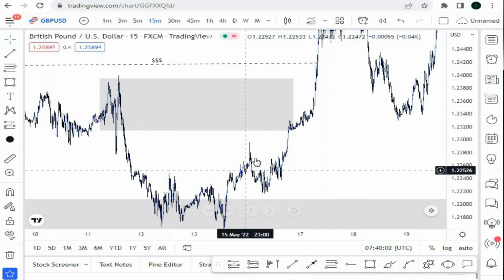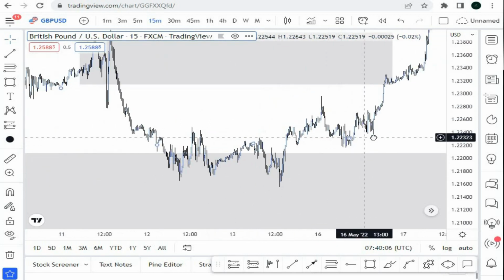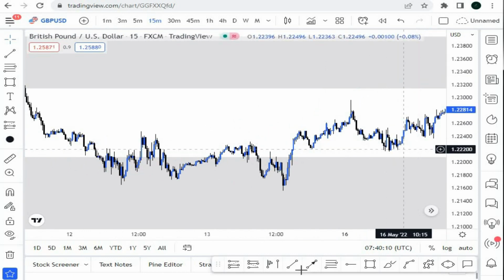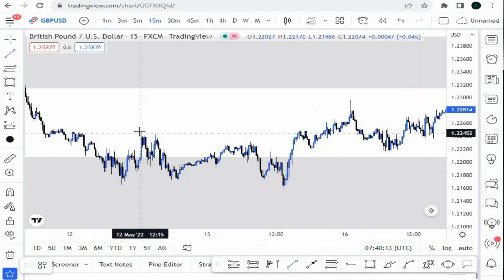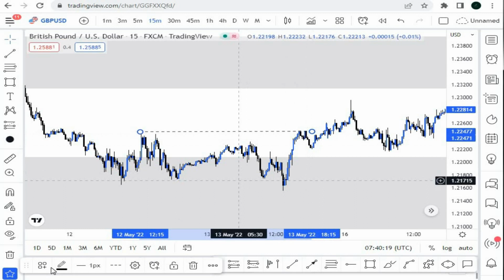So if you are going to take this first order block or this demand zone, which we have found in bigger time frame, you're going to do something like this. This was going to be what? Your swing lower high.